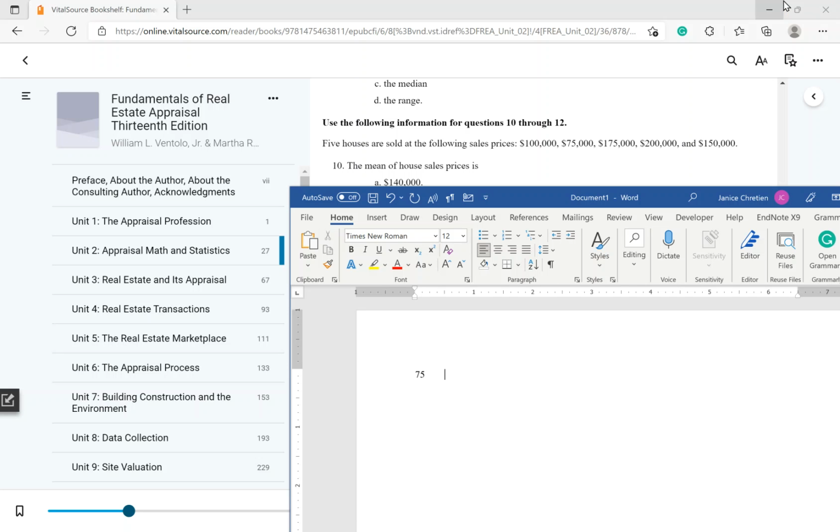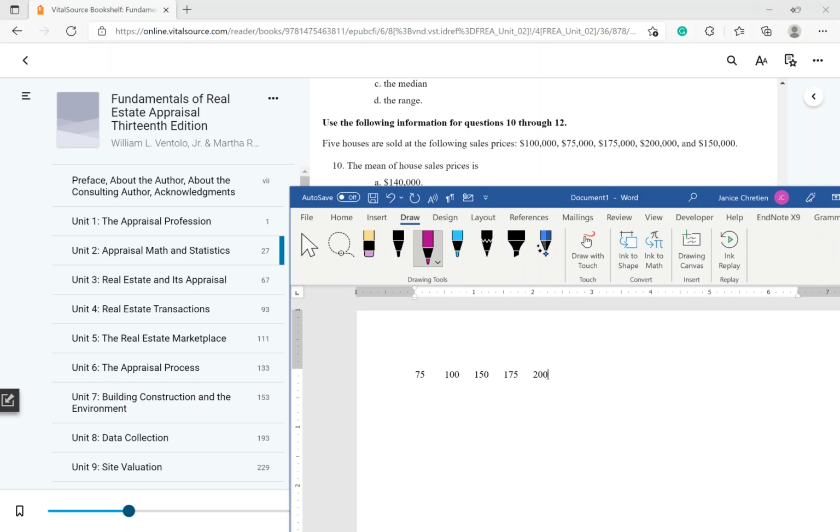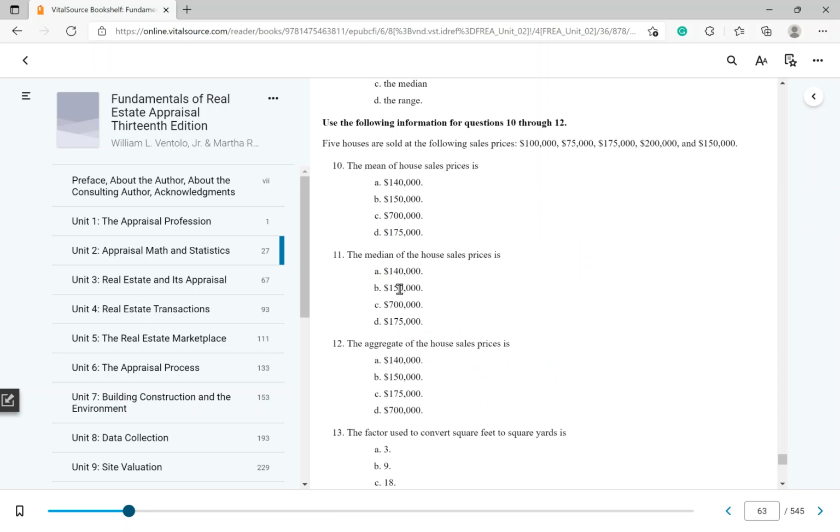Then I have 100. Then I have 150. Then I have 175. Then I have 200. And so to get to the median, you take off 1 on each end till you're left with the 1 in the middle. So the answer there is going to be 150.